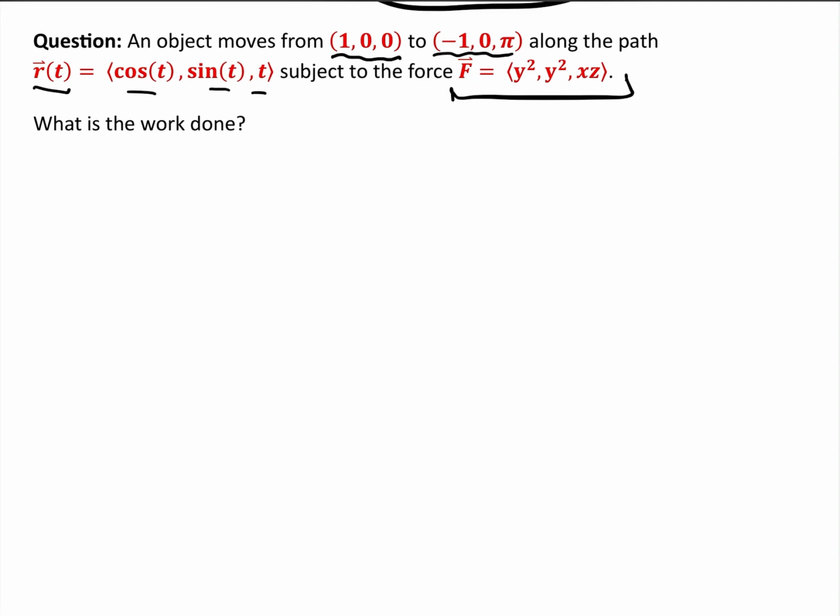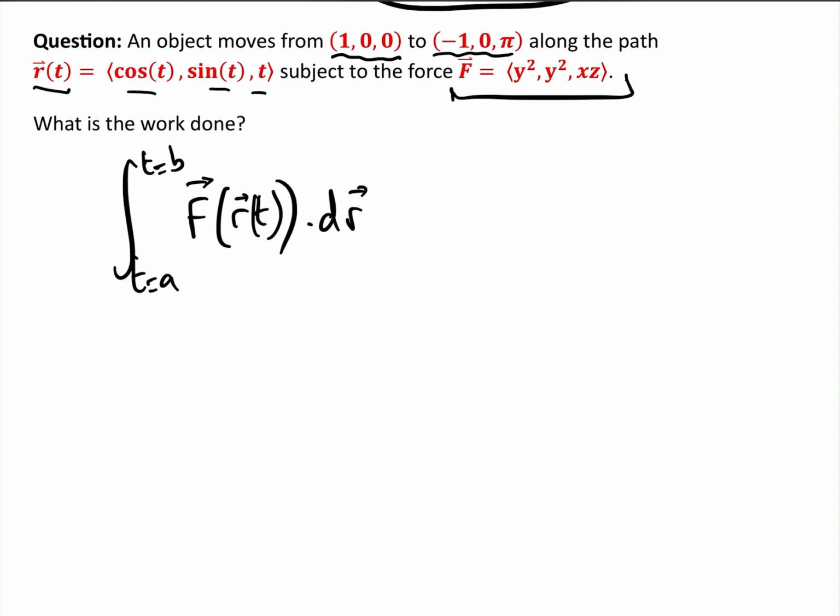Now first of all we are going to use our integral from t equals a to b of F of r of t dot dr/dt dt, the thing I've done just above, I'm just rewriting it out. So F of r of t, what's that?